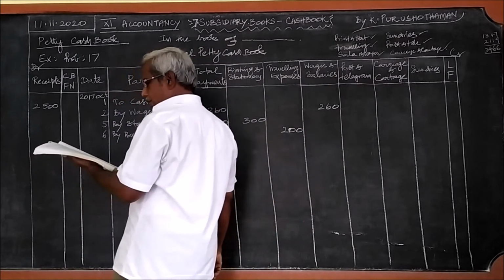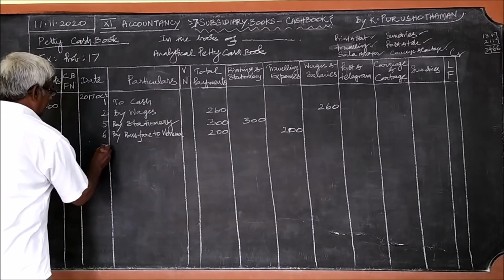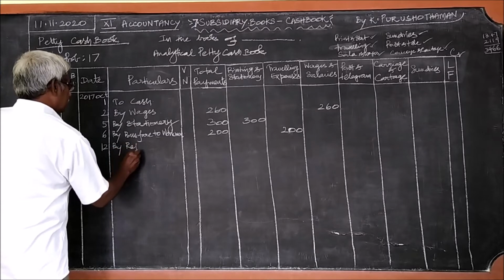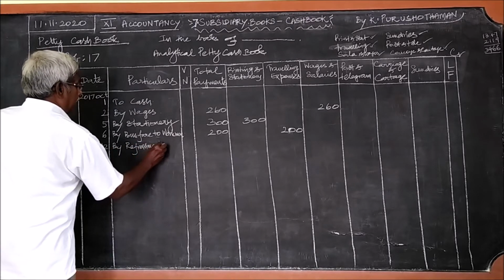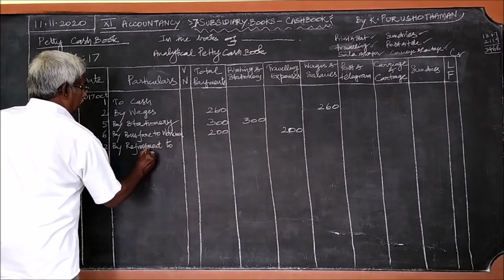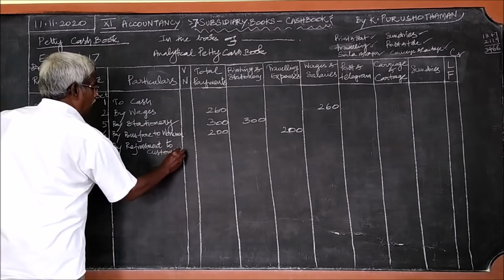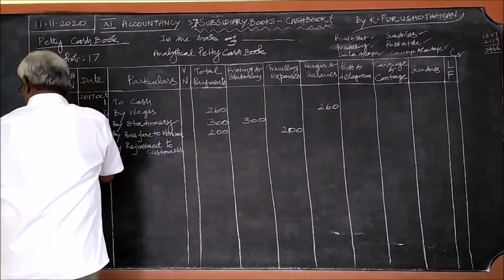After 6th it is 12, refreshment to customers. By refreshment to customers. The amount is 180.